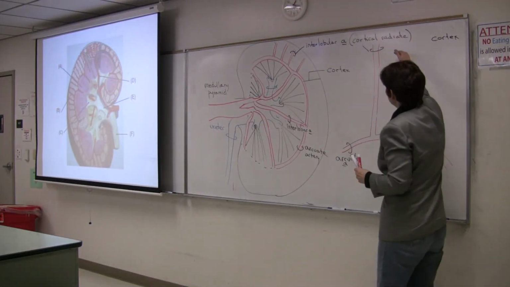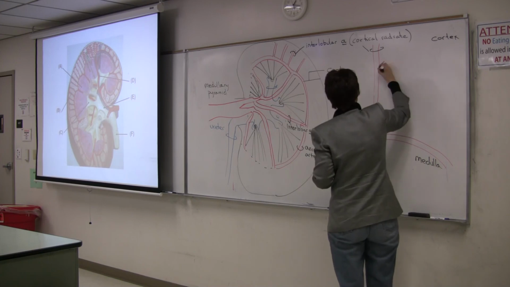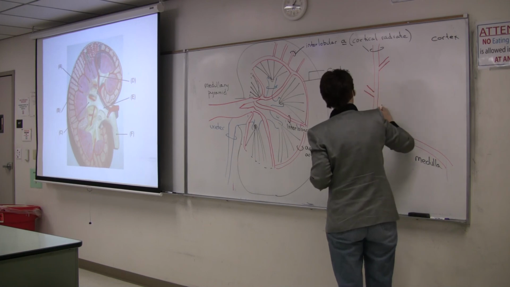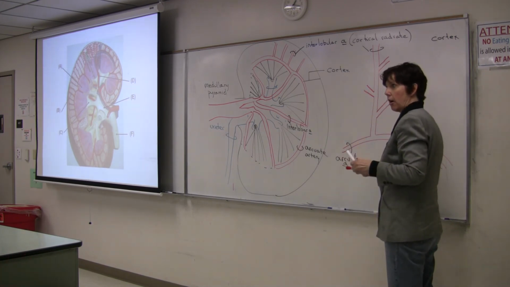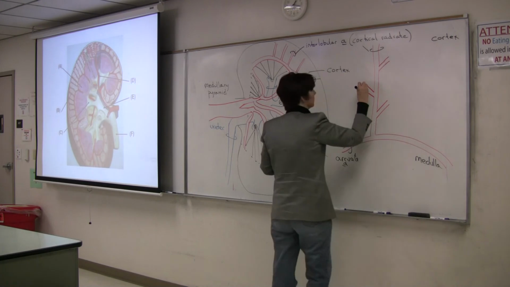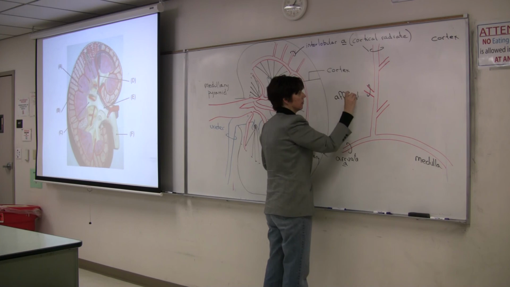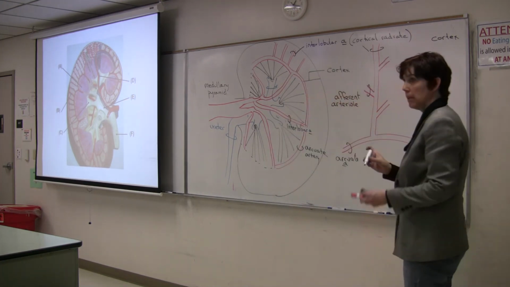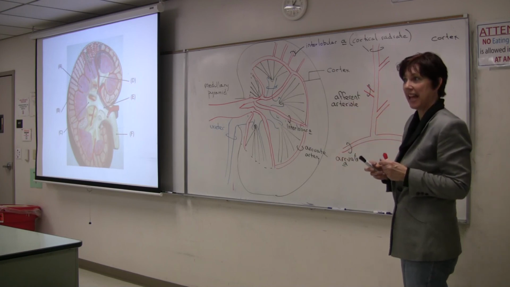So coming from the interlobular artery, we have a series of branches that have lost most of their smooth muscle. We only have 1 to 2 layers left. So these are known as afferent arterioles. Then we lose all of the smooth muscle. What vessel comes after an arteriole? Capillary.